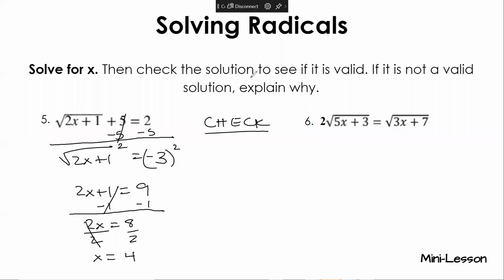Okay, so again, you're going to rewrite this exactly how it is. So we're going to plug in, instead of that x, we're going to put 4.